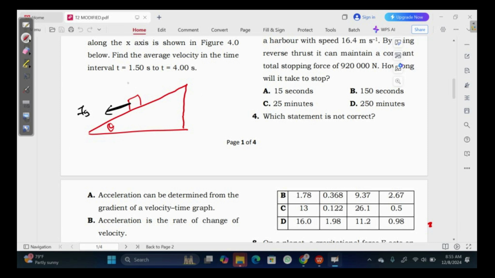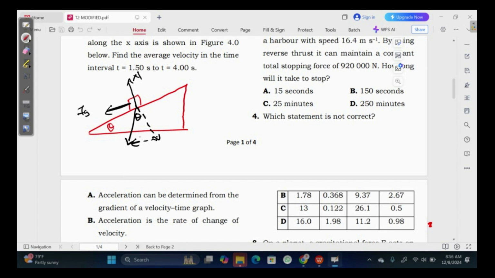We talked about this. Now the normal force has to be supported by the weight force. So the weight force is also in that direction. But for us to support it, we have to make another angle here. So the theta which is here is the same as the theta which is going to be there.